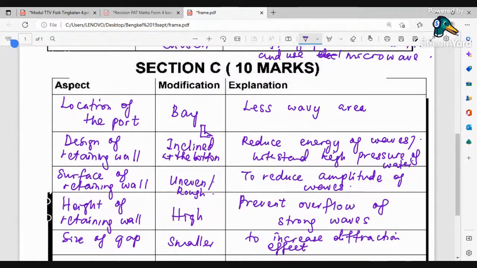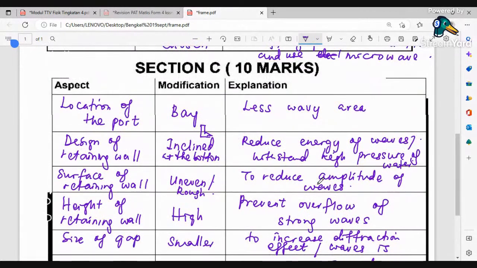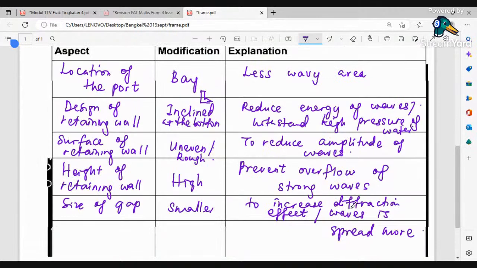Effect of diffraction is more obvious, or the wave will be spread more. Okay, so this one is all for section C.